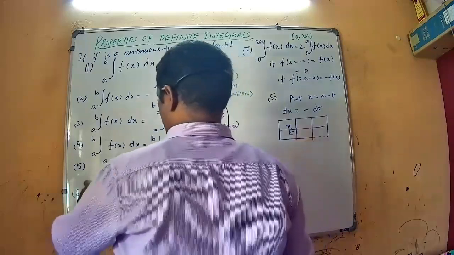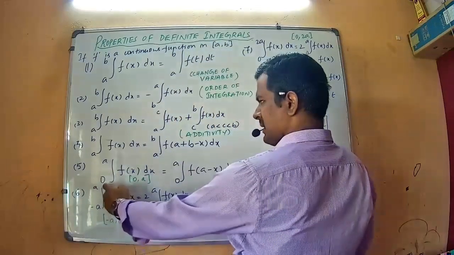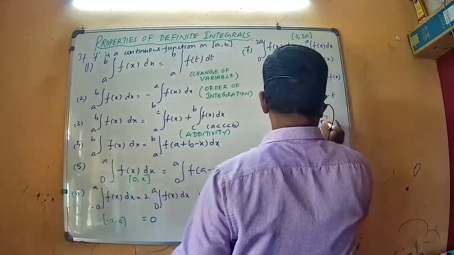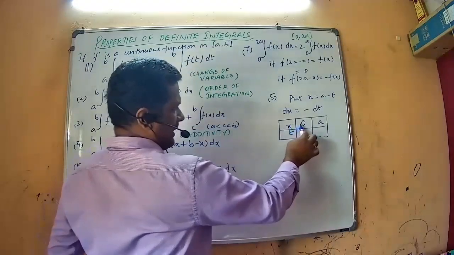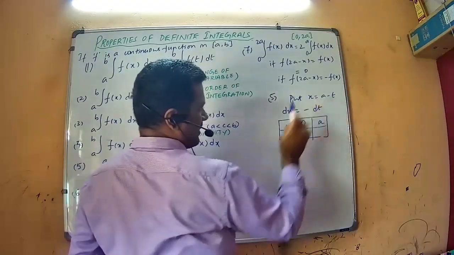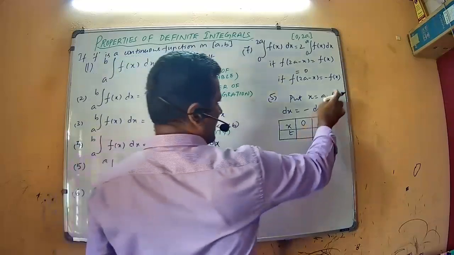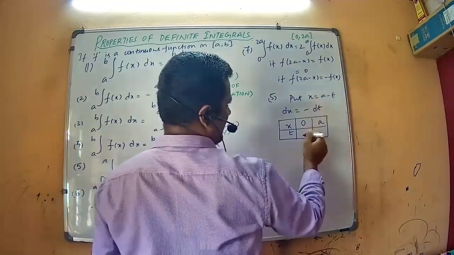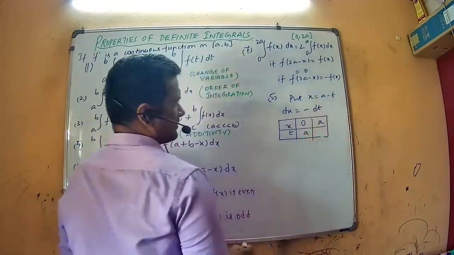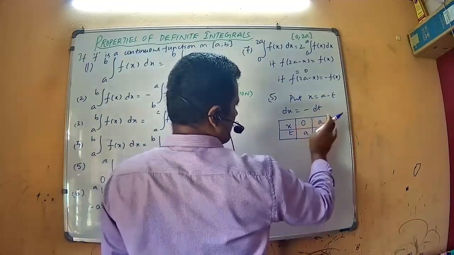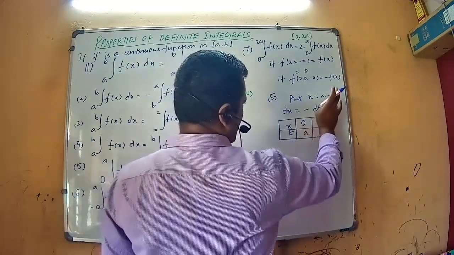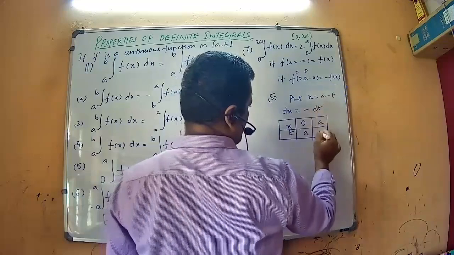Initially, the limits are 0 and a. Now, what happens when x is equal to 0? What is the value of t here? t will become a. Or else when x is equal to a, t will become 0.